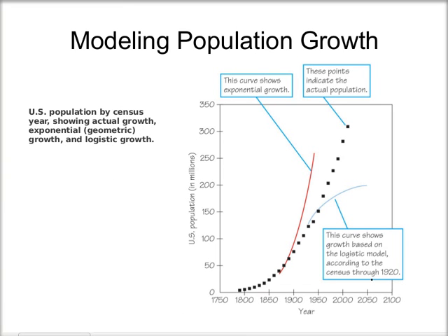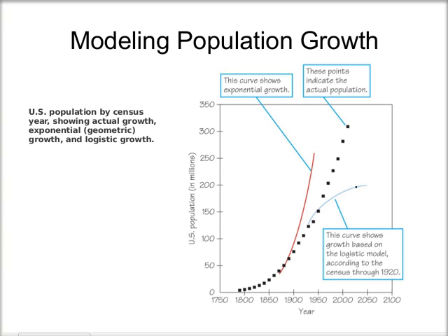Finally, let's look at this graph, which shows different models for population growth. So here we can see the U.S. population by census year. The black squares on the graph represent the actual measured population. The red line here represents the geometric or exponential growth model starting around the year 1870.